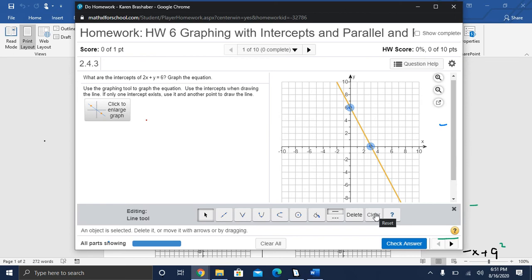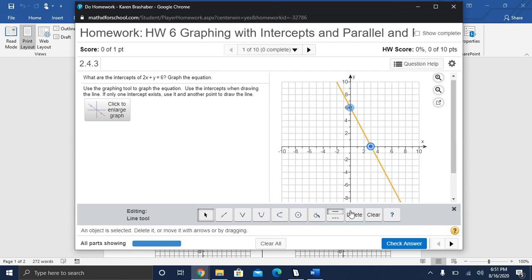That'll take everything off the graph and you can just regraph it. If you just have one thing that is not in the correct place, it would be highlighted. Now, here I have everything highlighted. I have this point, and I have this point, and I might be able to just select that one point. Let's say I didn't like that one.